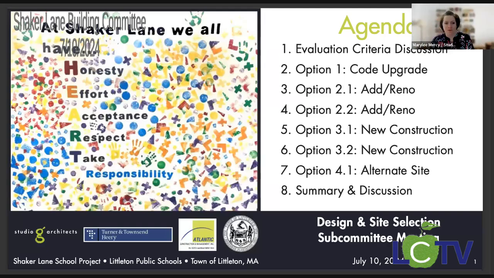So what we'll do then is we'll dive into the evaluation criteria just as a quick overview to show that everybody was pretty much on the same page with what they wanted to use as the criteria. Then we'll go through the options pretty quickly, spending more time on the ones that are most likely to be either realistic versions or ones that really require careful consideration.